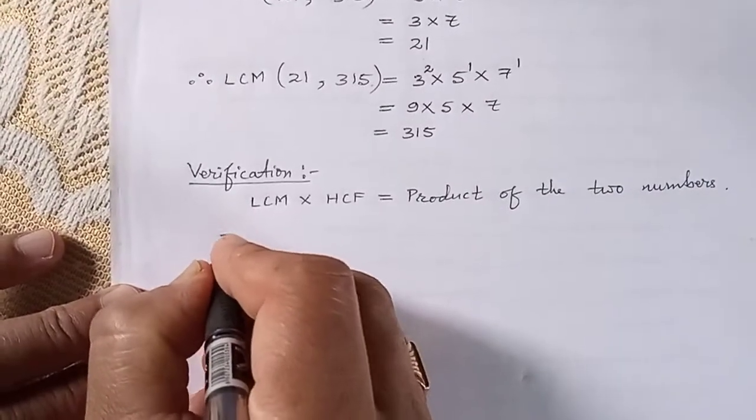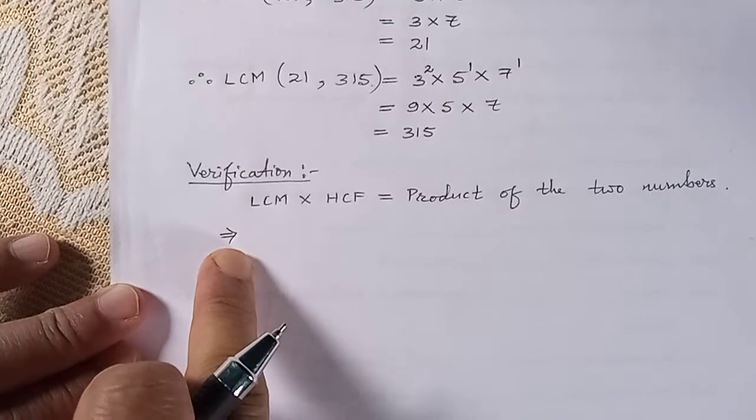So we've written the statement. Now we'll just verify. To verify, we write this implies, and now we'll put the values.